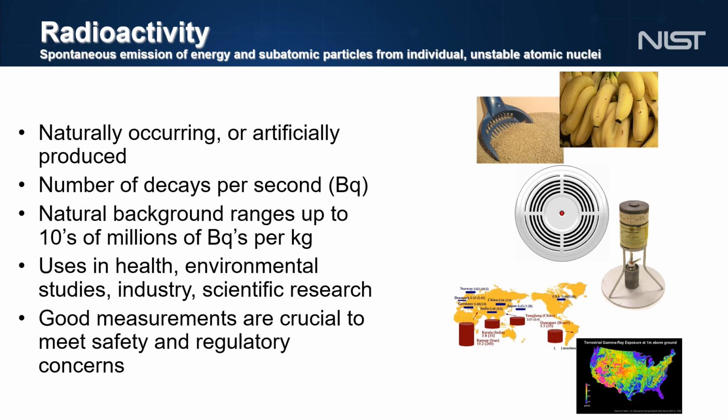For example, uranium is about 25 million becquerels per kilogram, while the average adult human is about 100 becquerels per kilogram. Of course, there are many uses of radioactivity in health, environmental studies, industry, and scientific research. Radionuclide metrology, then, is crucial to meet safety and regulatory concerns for the safe and efficient use of radioactive sources, but can be impeded by this natural background.